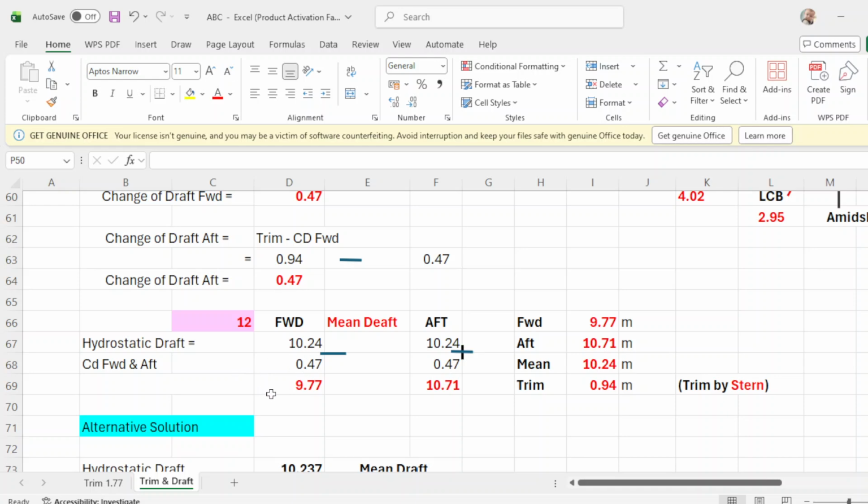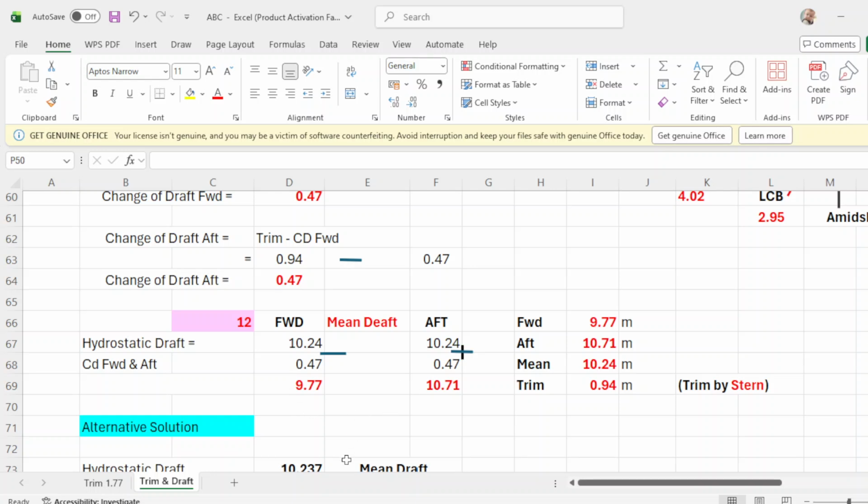You subtract because the vessel forward will rise up. You will have less drop. That's why you subtract. That's why you have less drop here, and this up part of the vessel will sink. That's why you add the change of drop that you have. That's why you have more drop up of 10.71. Okay, I hope that's clear.